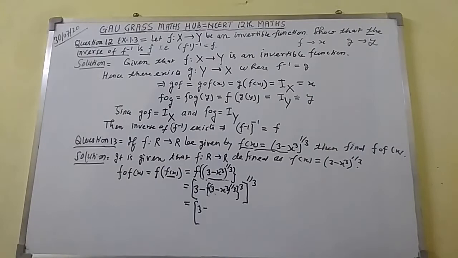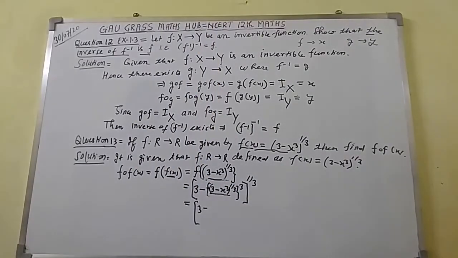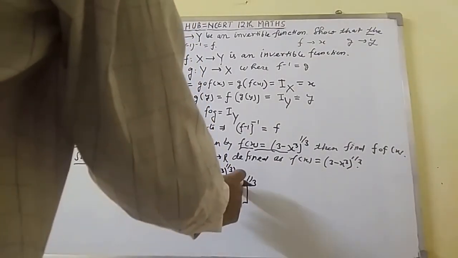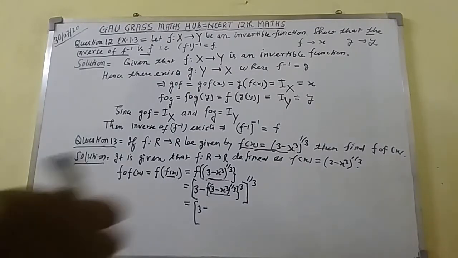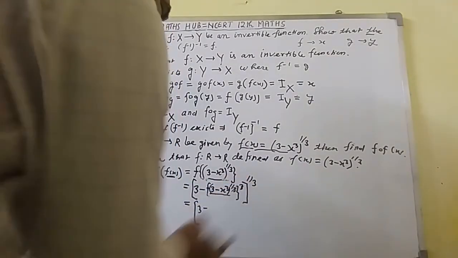So what will we do in this case? This is also a power, this is also a power, so the 3 will be cancelled out. This power and this power, this one will be cancelled out.